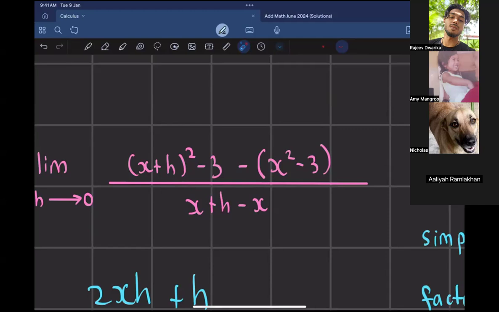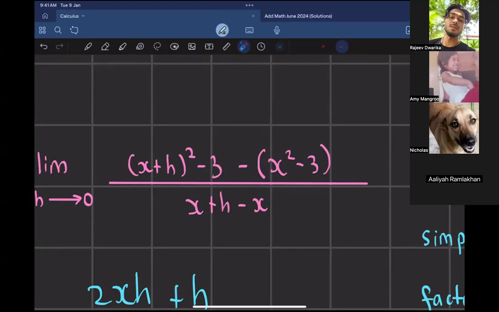You made a rookie mistake. I'm a little disappointed. Can you cancel off when the top is being added or subtracted? It could only cancel off when it's written as a product. My bad.